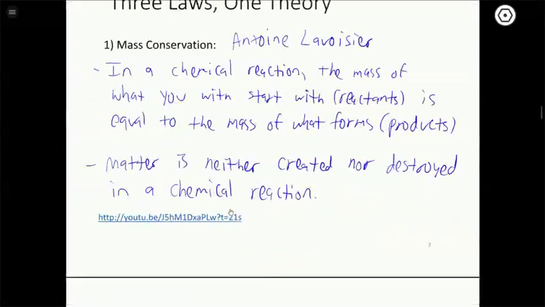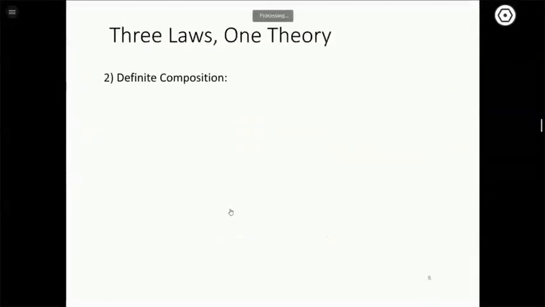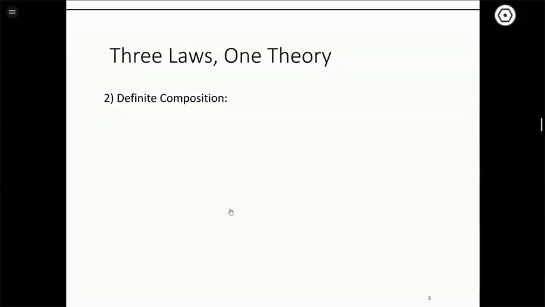The second one we're going to talk about, which is a little bit more complicated, is the law of definite composition. This one deals with compounds, which, as we said, are chemical mixtures of elements. It was formulated by Joseph Proust.